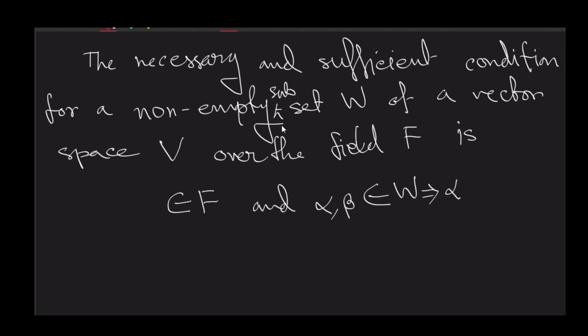Sorry, it should be c alpha plus beta vector. So basically it is showing that W is closed under vector addition and scalar multiplication.